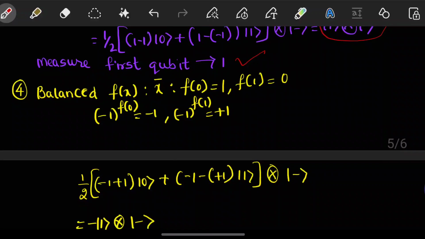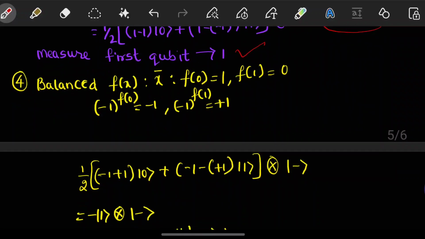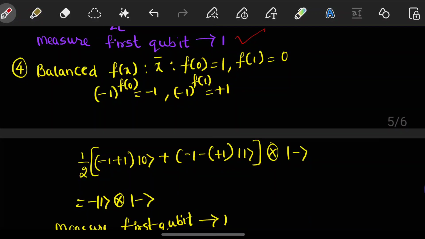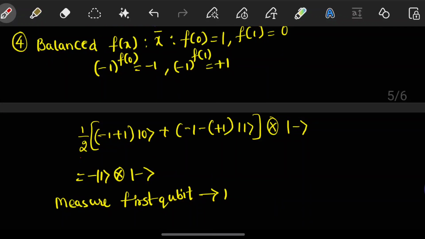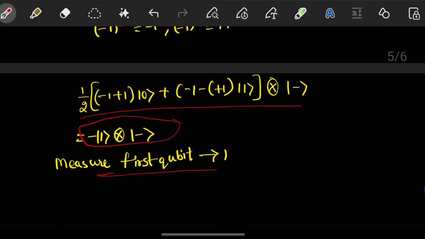Now in the second case, I have reversed the scenario. I took f of 0 as 1 and f of 1 as 0. If I substitute all those equations, again a minus, that is nothing but a global phase, but the result is the same. So I measure the first qubit as 1. I think this is what the Deutsch algorithm does.